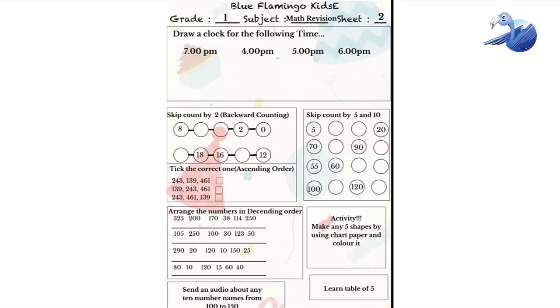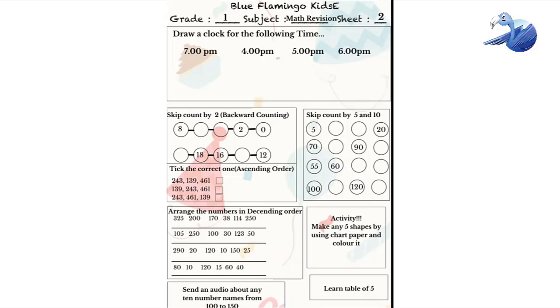So firstly we find the biggest number in this row. 325 is the biggest number, so we write down 325, then 300, then 250, next 200, next 170, next 114 and 38. This is descending order.